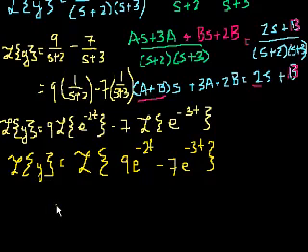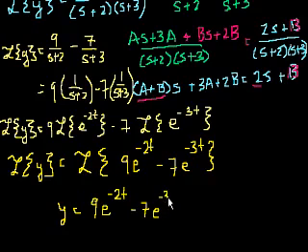Well, if that's the case, then y must be equal to 9e to the minus 2t minus 7e to the minus 3t. And I never proved to you, but the Laplace transform is actually a one-to-one transformation. If I take a function, get its Laplace transform, and then take the inverse Laplace transform, the only function whose Laplace transform that is, is that original function. It's not like two different functions can have the same Laplace transform.